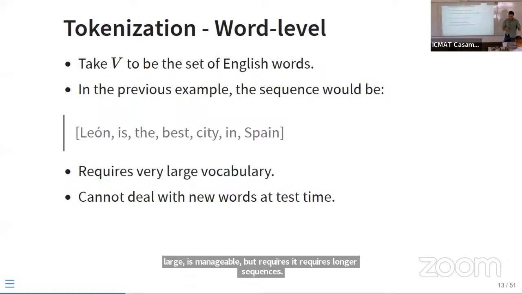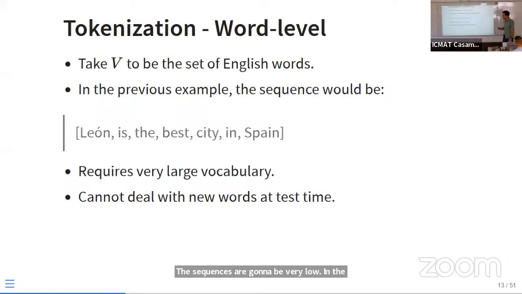On the other side, there is word level tokenization, in which V is taken to be the set of words in a language, in English, for instance. In the previous example, the tokenized sequence would be the first word, Leon, is, and so on. This requires a very large vocabulary, and has the problem that it cannot deal with new words at test time.